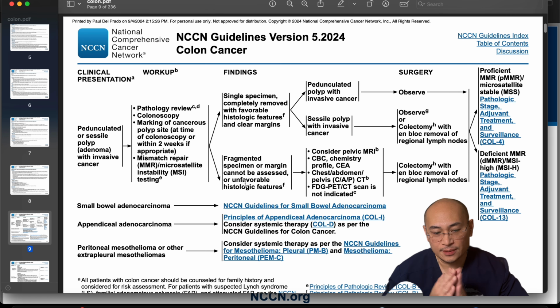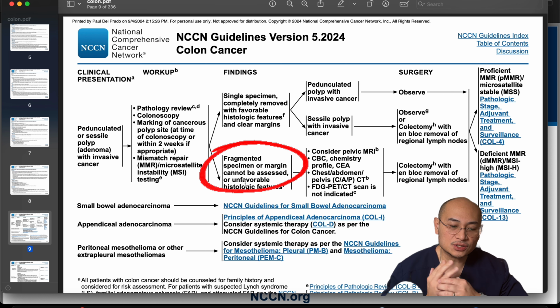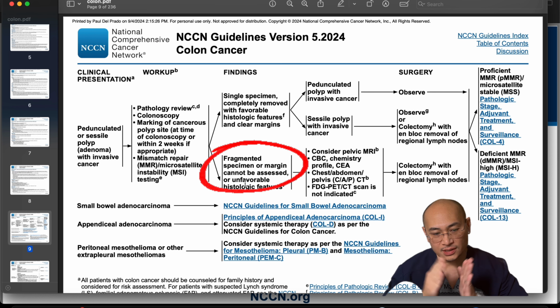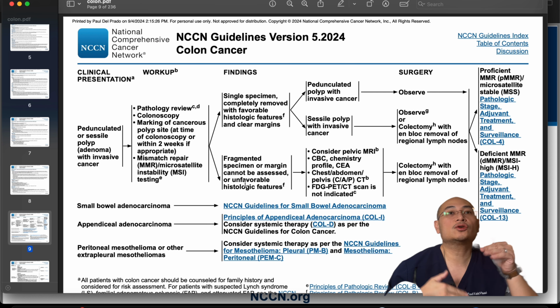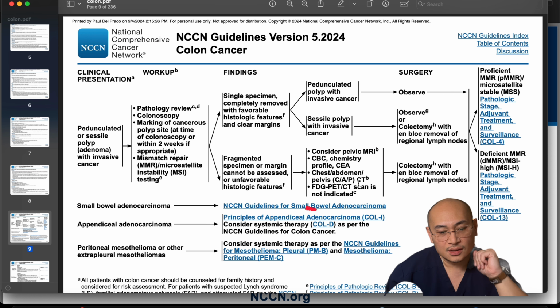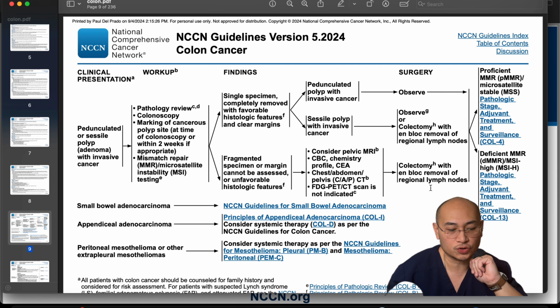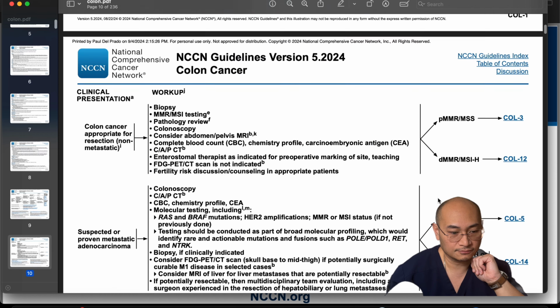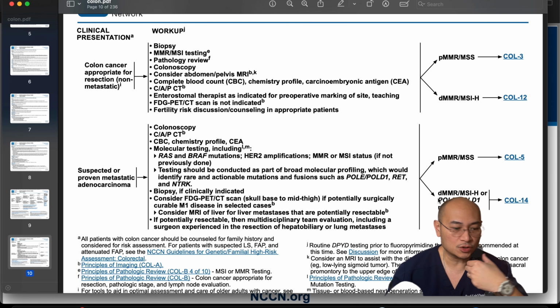And so for fragmented specimens, those with unfavorable histology, then you can proceed with the proper workup. And so it slightly goes through the workup down here, and we'll go to it in detail, followed by the surgery. So what is going to be the workup?